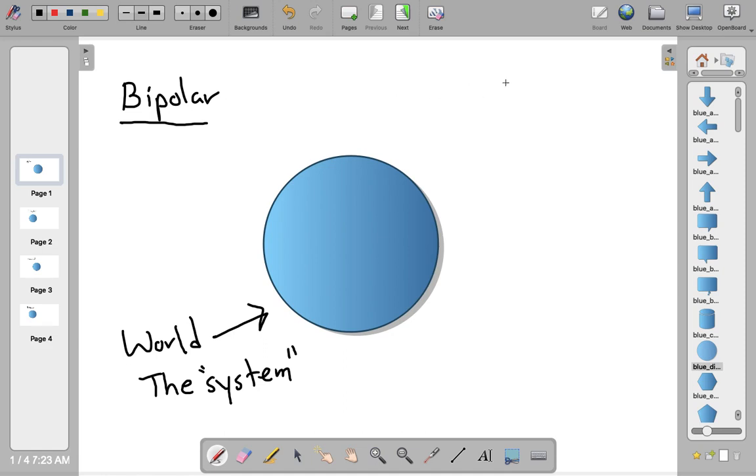Now, if you think of a battery, one side is positive and one side is negative. And those are the poles, or if you think of the North or the South Pole. So in a bipolar world, you really have these two superpowers, very powerful countries.